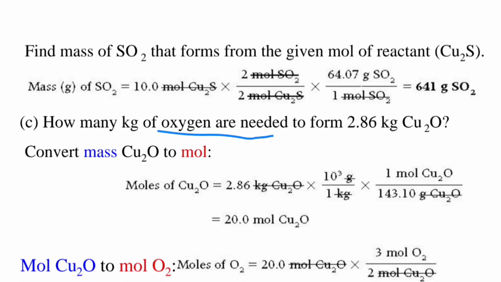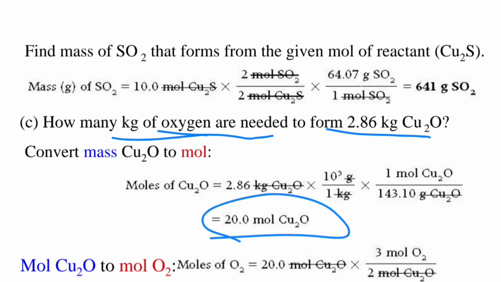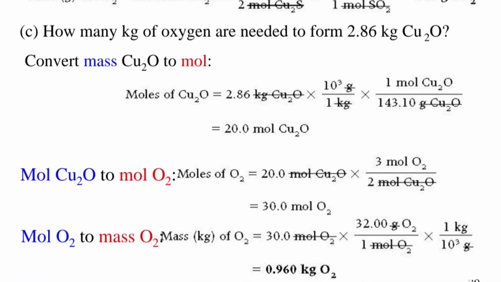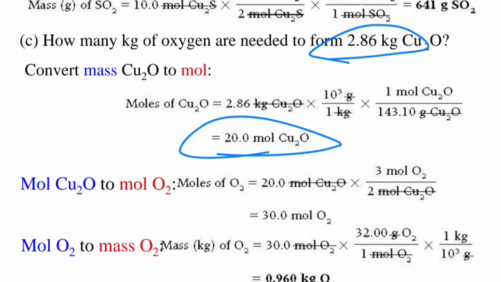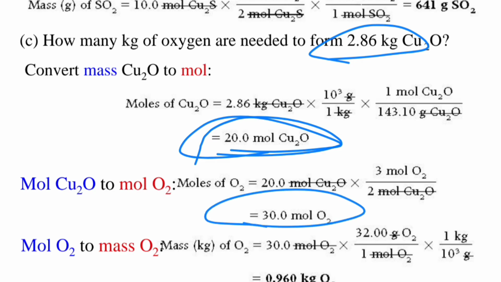Here we have to find kilograms. First we will find moles using ratios, and when we find moles, then we will calculate the masses. 2.86 kilograms is 20 moles of Cu2O, and 20 moles of Cu2O will need 30 moles of oxygen.